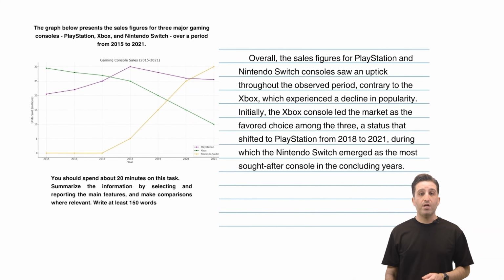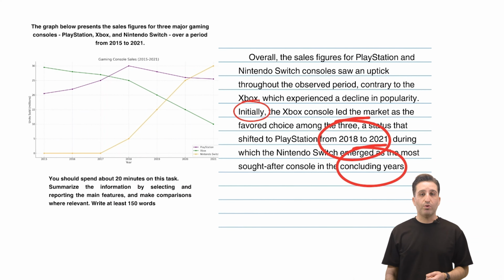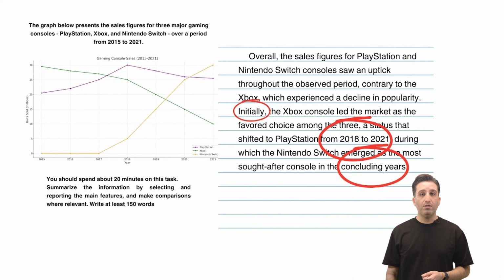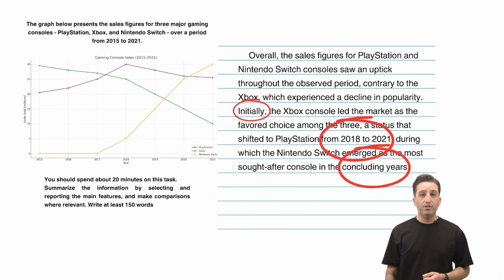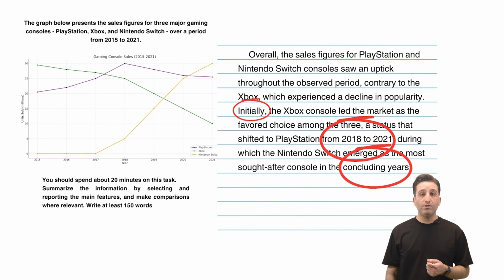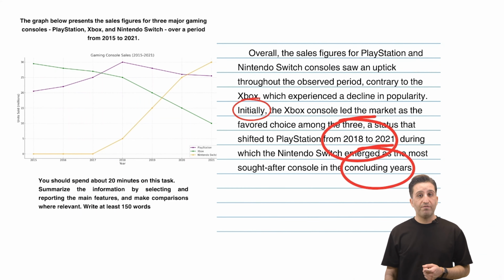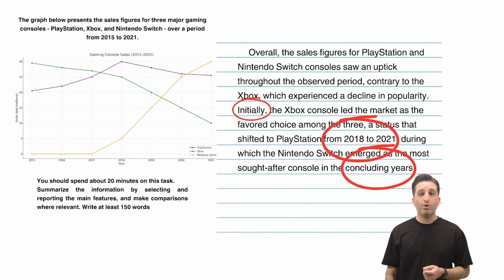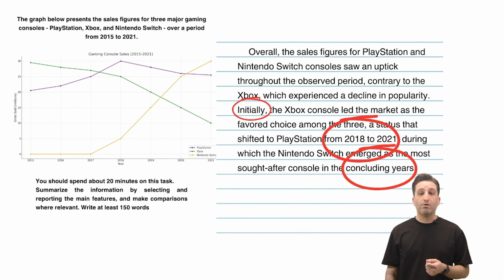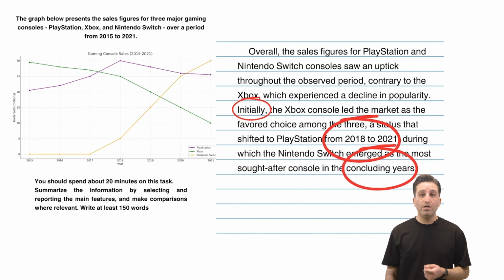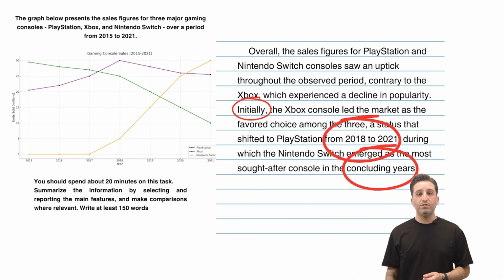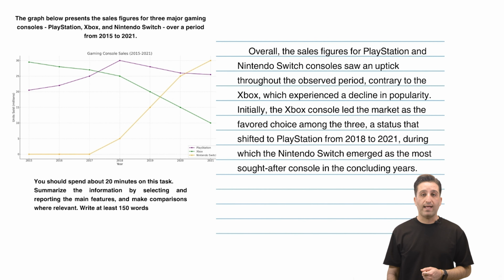Temporal expressions such as "initially," "from 2018 to 2021," and "in the concluding years" provide clear time frames for the trends being described. This temporal framing is crucial for organizing the description in a chronological and logical manner, which is a critical aspect of task achievement in IELTS Writing Task 1.